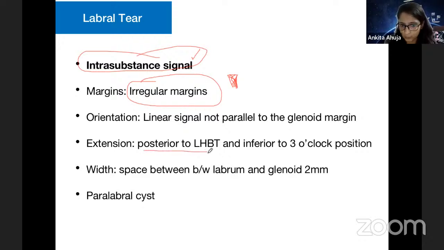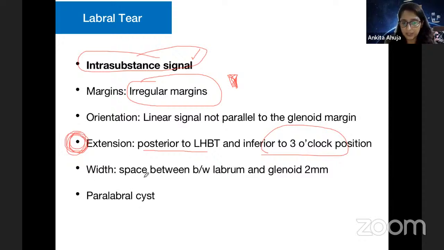As I told you before, if you see something within the superior and anterosuperior quadrant, you think of a variant. But if that same signal extends across the biceps tendon into the posterior labrum, or across the 3 o'clock position, that is from the anterosuperior quadrant into the anteroinferior quadrant, then you call that a tear. This is a very important point and it helps us take decisions quite often.